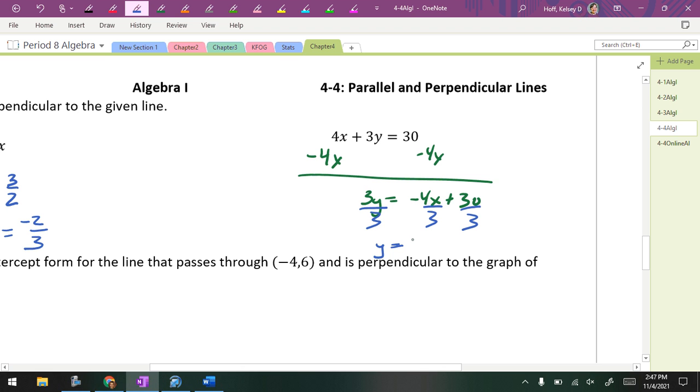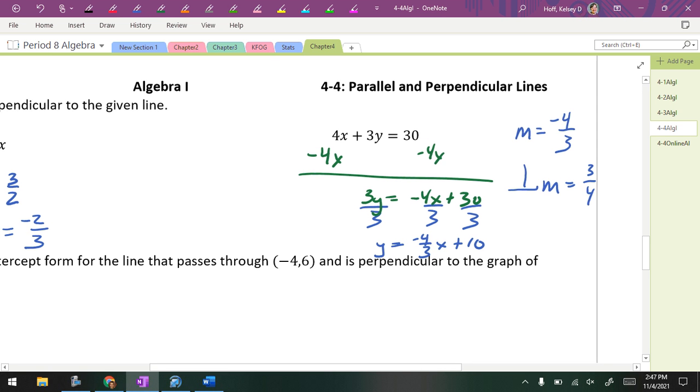Y equals... So currently my slope is negative 4/3. The perpendicular slope is 3/4, positive 3/4. If I'm to be honest with you, the tricky thing today is you have to read carefully. You have to know what format they want your final answer in, and then is it parallel or is it perpendicular? Otherwise, it's what we've been doing, writing equations of lines.